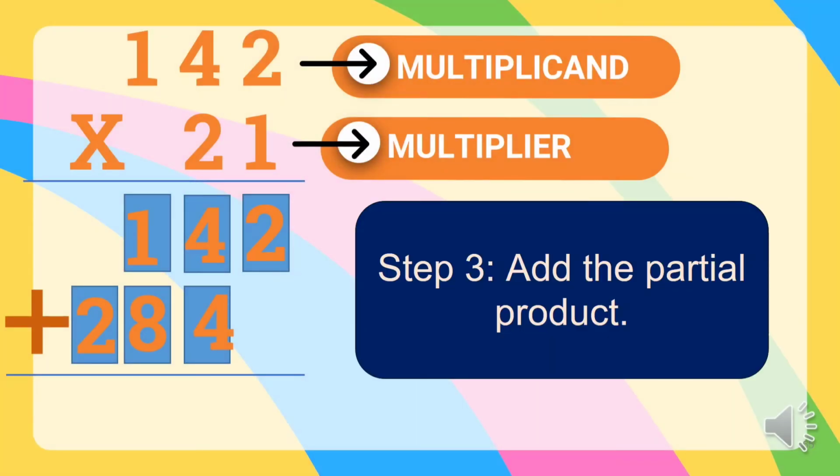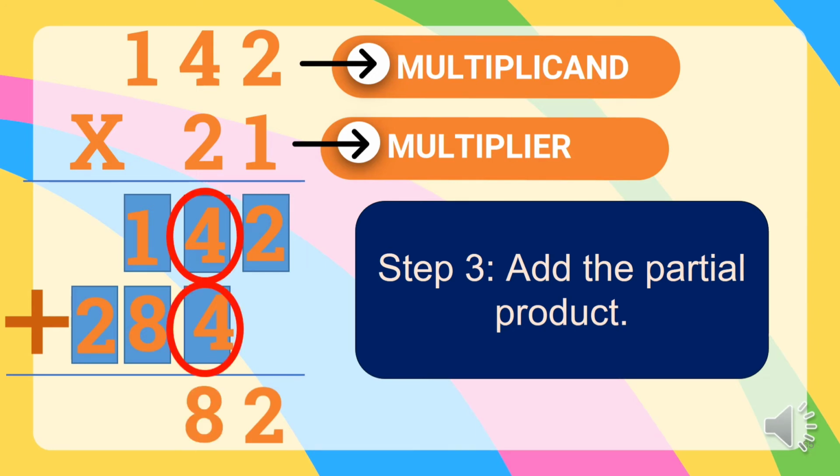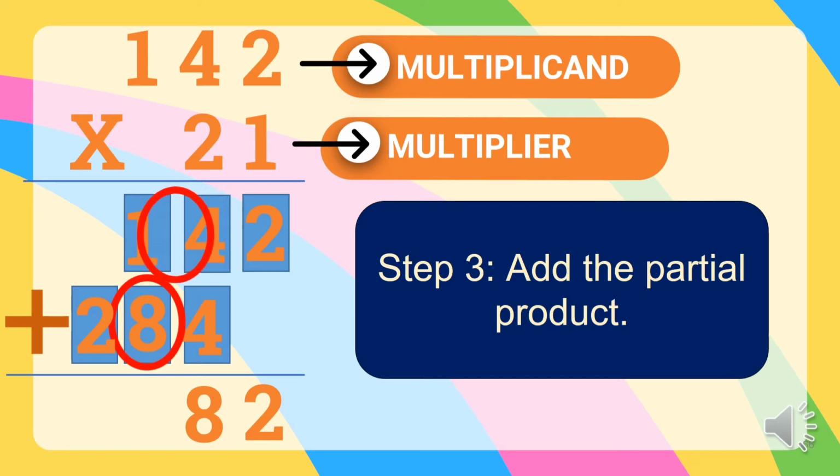So step 3 is to add the partial products, which is 142 plus 284. So let's bring down 2, and then let's add 4 plus 4 is equal to 8. Next is 1 plus 8. 1 plus 8 is equal to 9.